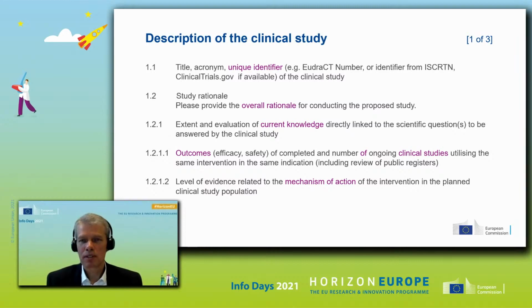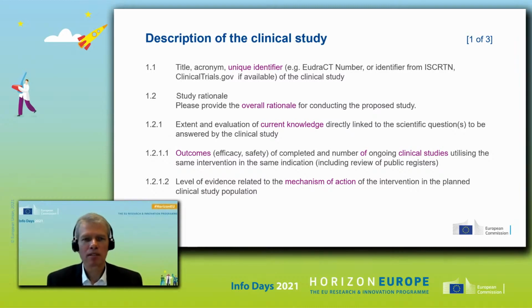a EudraCT number. This is for medicinal products. So even with very limited information, one can request a unique identifier if it's a clinical study with medicines. The same applies for ISRCTN. There, it's really a registry where all kinds of clinical studies can be registered.